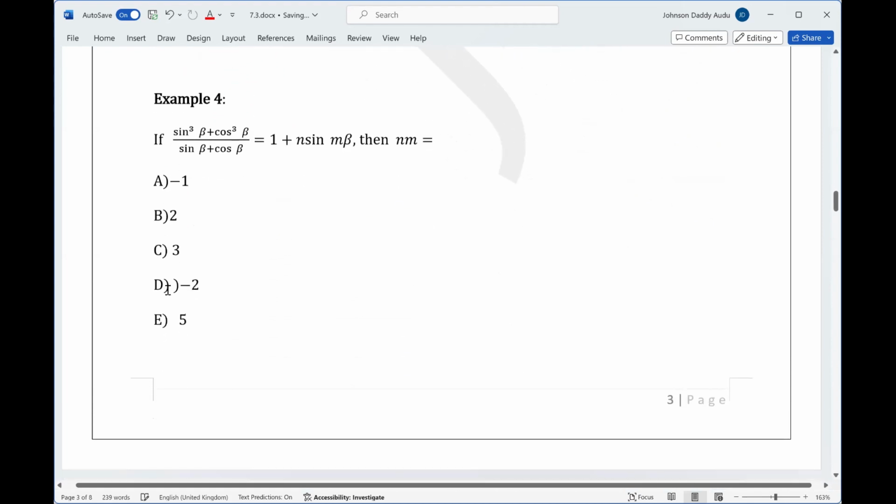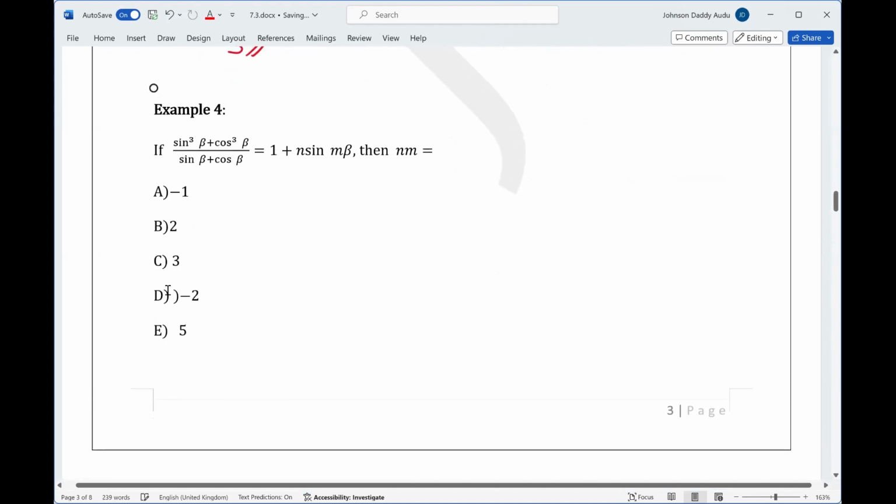Now, number 4. It says that if you have this equals to n over this. So here, why is this here? Okay, let's see. Now, this is sine cube plus what? Cosine cube. We're going to use expansion.